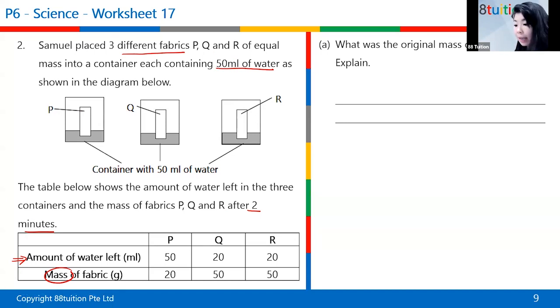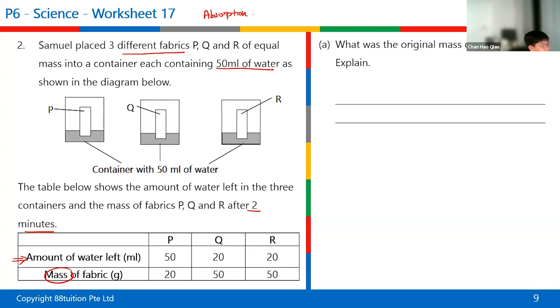All right, so Hao Qian, can you tell me which material did not absorb? So this question is on absorption of water, whether or not the material can absorb water. Okay, so Hao Qian, based on the table, can you tell me which material did not absorb any water at all?